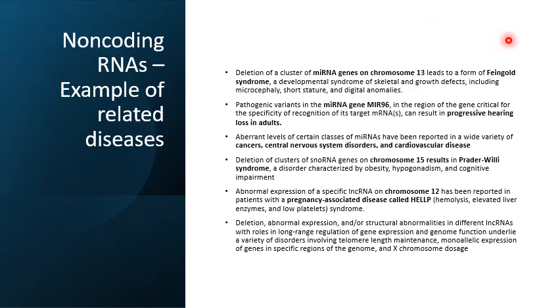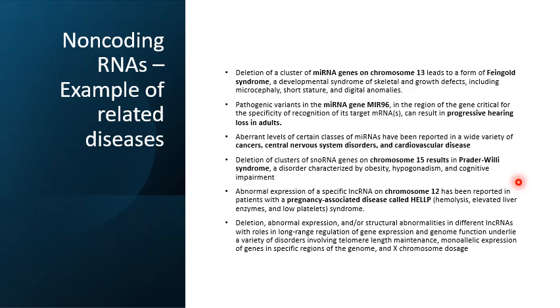And just to address the importance of the non-coding RNA, we are now aware of some diseases that are related to non-coding RNA. I don't think you need to know everything on this, but there are some examples. Progressive hearing loss, for example, occurs with the presence of a pathological variant of a microRNA. Prader-Willi syndrome is the deletion of a cluster of snRNA on chromosome 15.